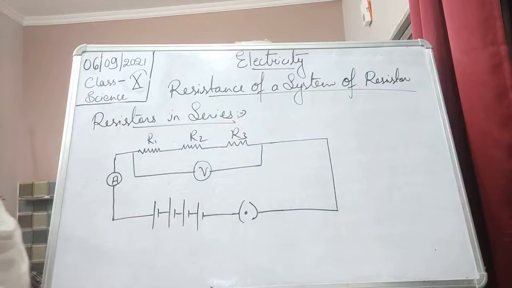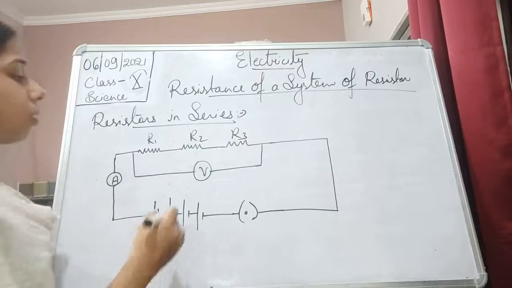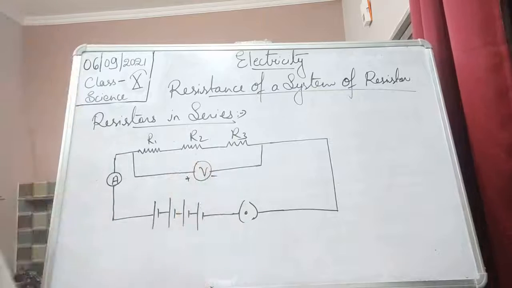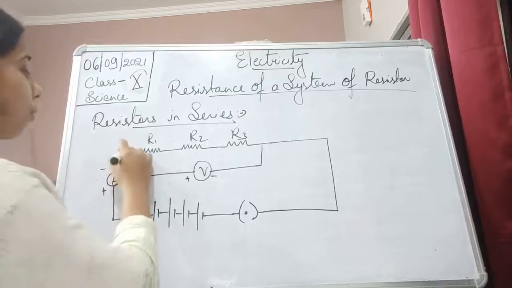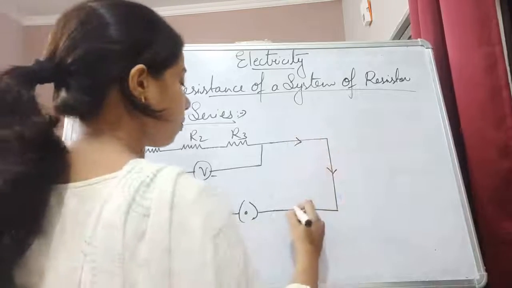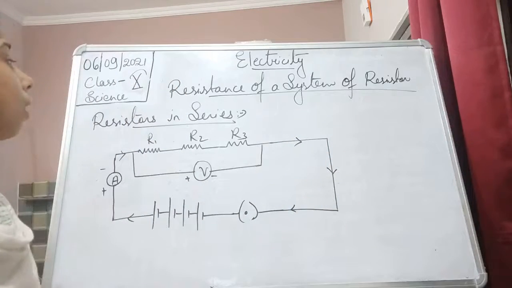Then voltage is there. This is the positive and negative, and here it is also positive and negative. Current is flowing through this one, and finally it has come from this side. So you can see here resistors in series.